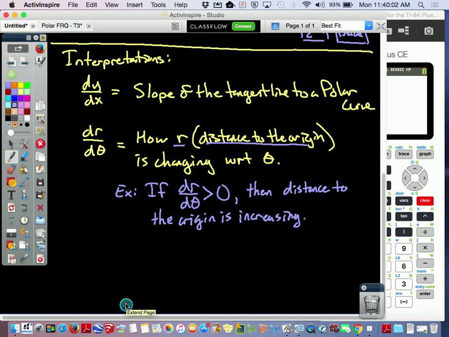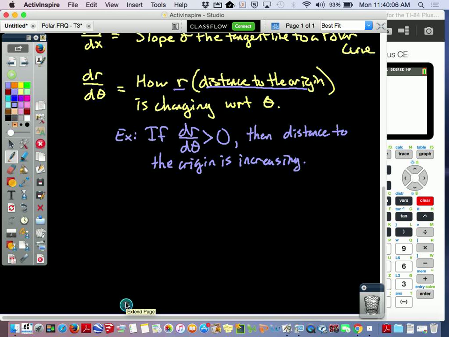So we've got dy dx, dr d theta, and then we also have dx d theta. It's another thing that can come up. So for dx d theta, now we want to know how x is changing with respect to theta. If we think about a graph, x represents the horizontal distance to the y-axis.